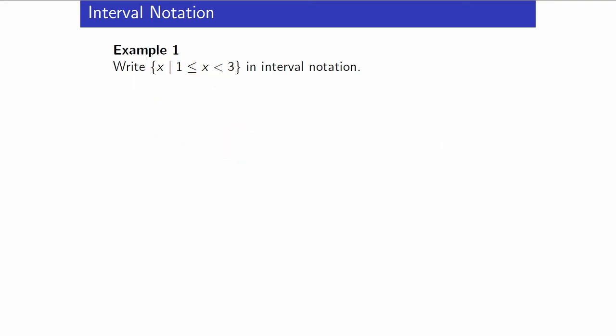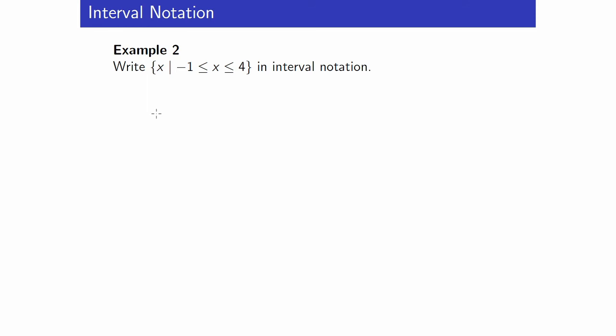So let's move on to another example now. Let's take this case here. Same idea. It starts at -1, and it goes to 4, but they're both inclusive.